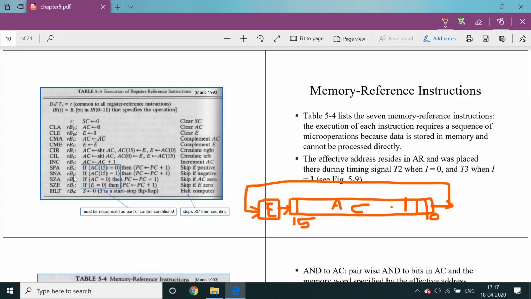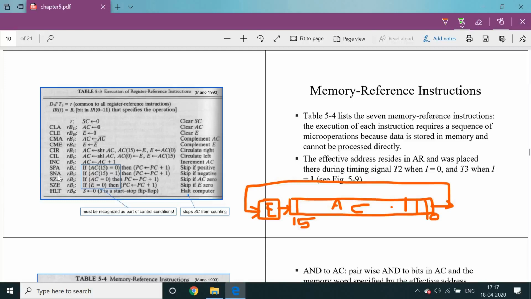Accumulator positive means it checks only the MSB, the 15th bit. If it is 0, that indicates positive, then PC is incremented. Because it is skipping, the cursor goes to the next position.